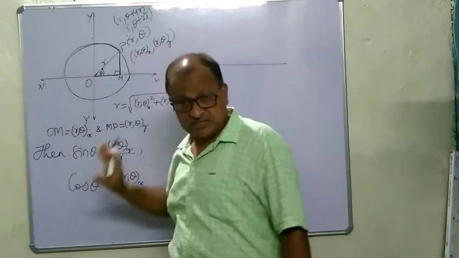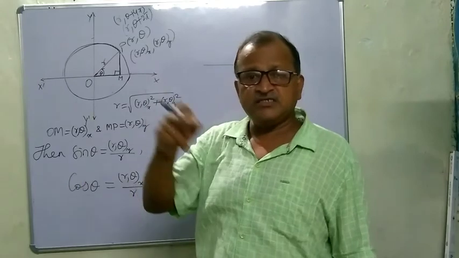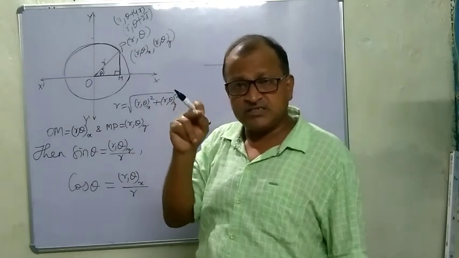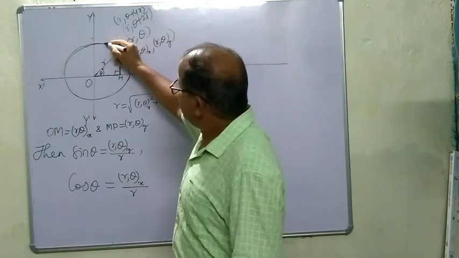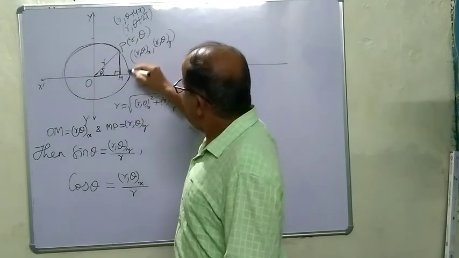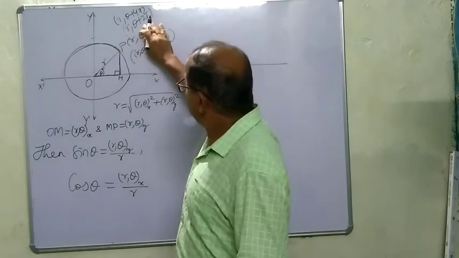If r is fixed, on a circle the radius is constant and theta is varying. Completing one circle means you have to add 2 pi.